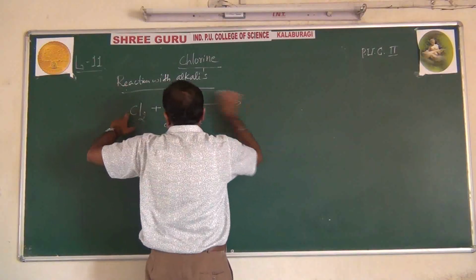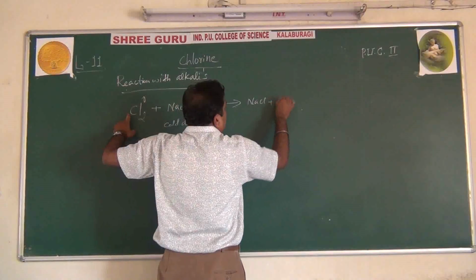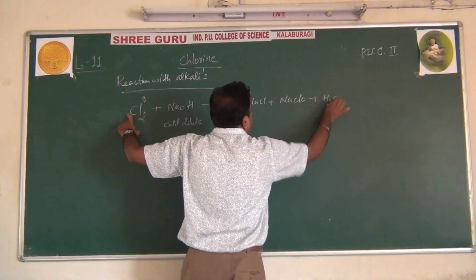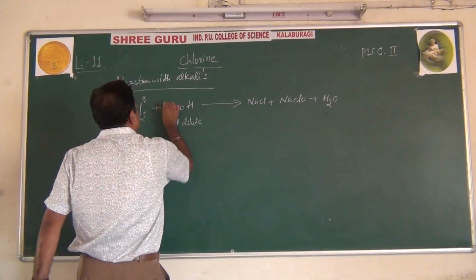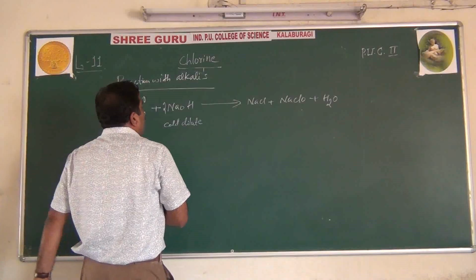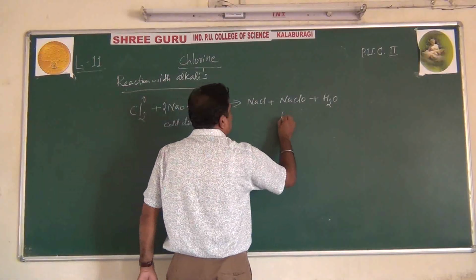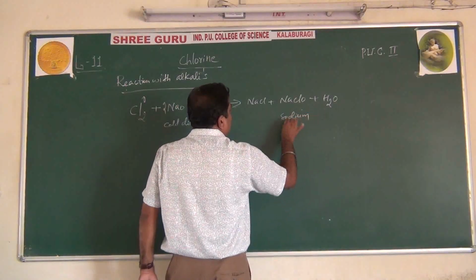So it will undergo a disproportionation reaction to form sodium chloride NaCl, sodium hypochlorite NaOCl, and H2O, that is water. Okay, so just multiply by 2, right, and everything is balanced. This is sodium hypochlorite.